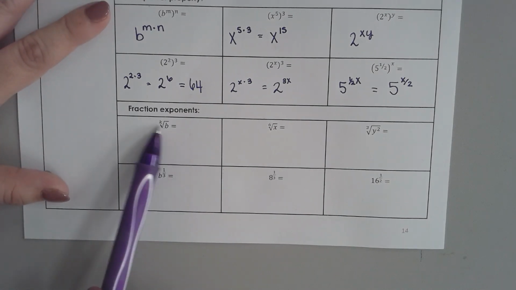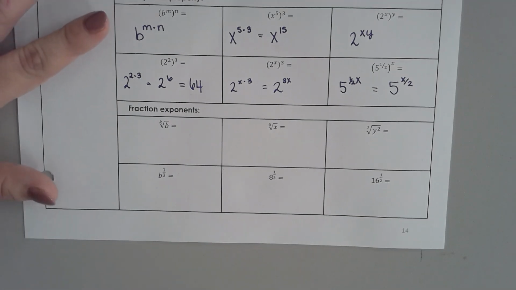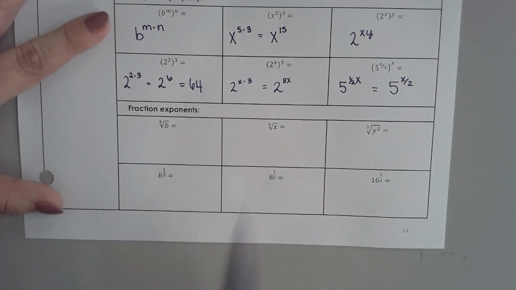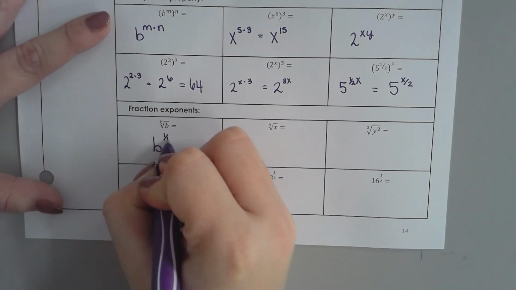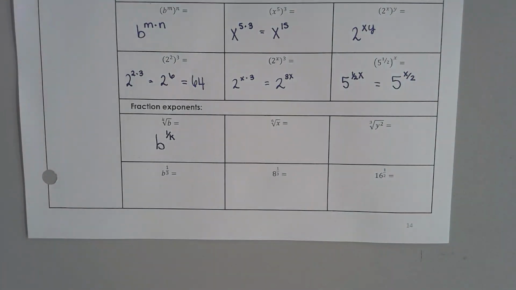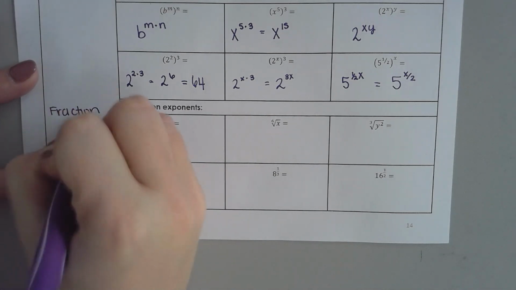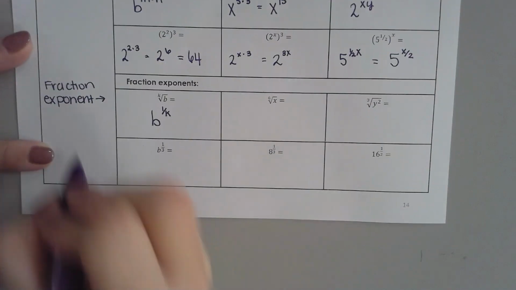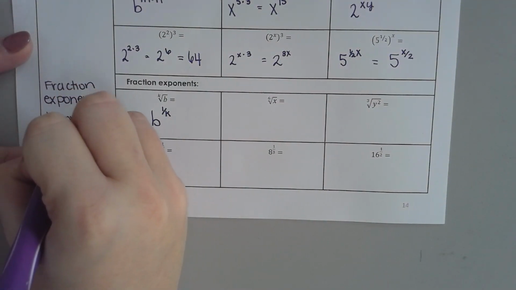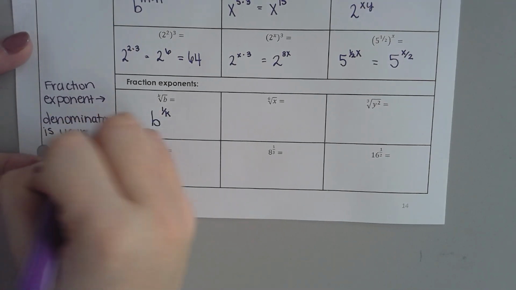So this says the k root, like we have a square root, a cubed root, a fourth root of b. That's the same thing as b to the 1 over k. So when you have a fraction exponent, the denominator is your root.